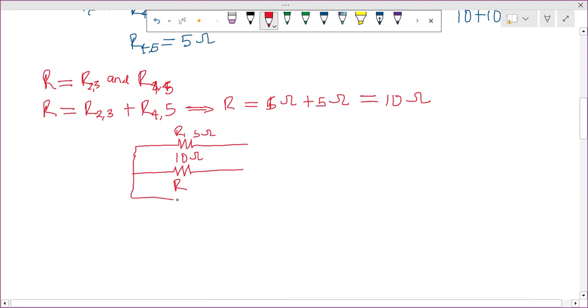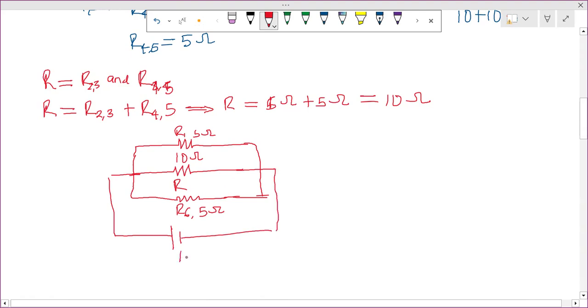The one below is R6 with a value of 5 ohms as well. So we have something like this, all connected to the 10 volt.